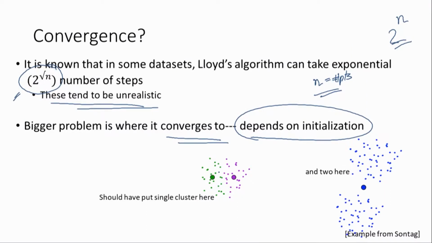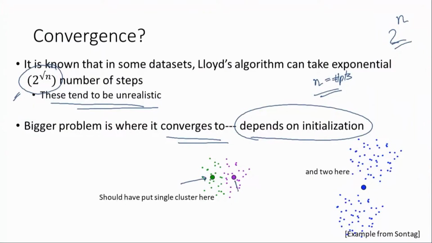Okay, so imagine this data set that we have, the green, the purple, and the blue. Forget the colors for now. Suppose you're doing Lloyd's on this, and suppose Lloyd's algorithm puts a center here, and puts one center here. It could happen, because we chose the centers arbitrarily. Now, what will happen?